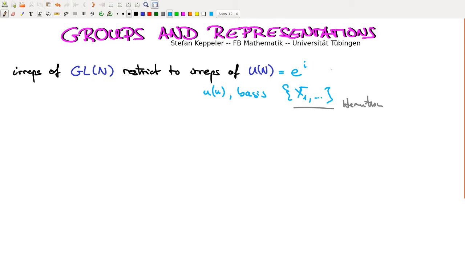So the group is e to the i Lie algebra in the case of the unitary, in the case of UN. So we have Hermitian matrices here as in this basis.